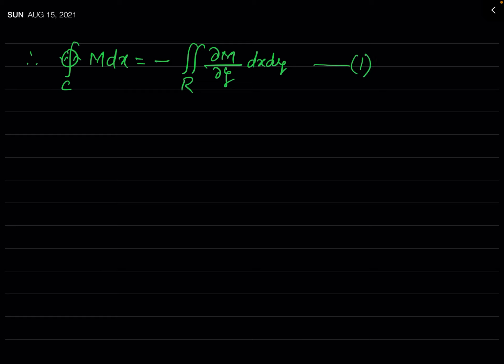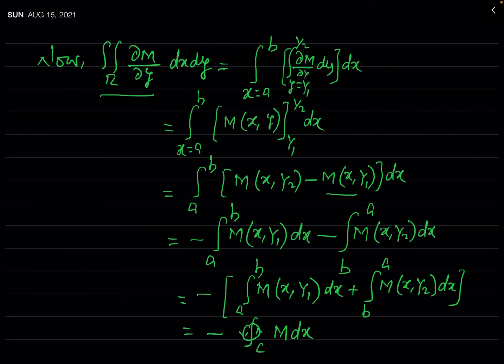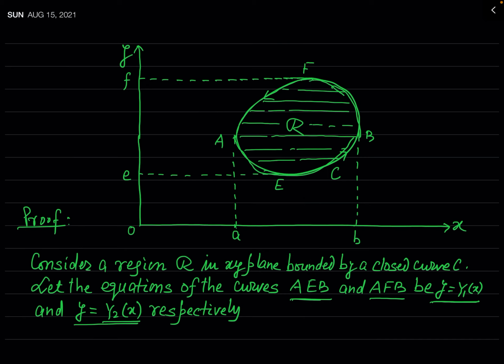Now in the similar manner you can evaluate the integral of del n by del x over the region R. But you can write the same result directly on the basis of this result, but I would like to again evaluate that integral, and for that we will suppose here that this closed curve C is made up of EAF and EBF.